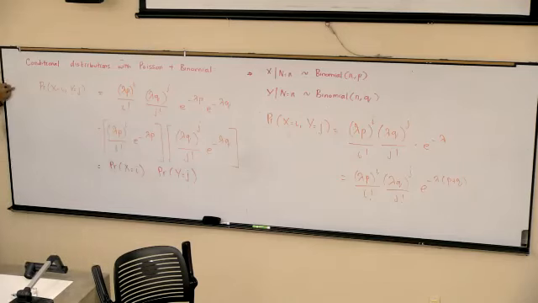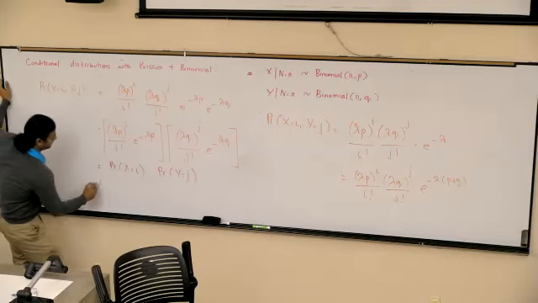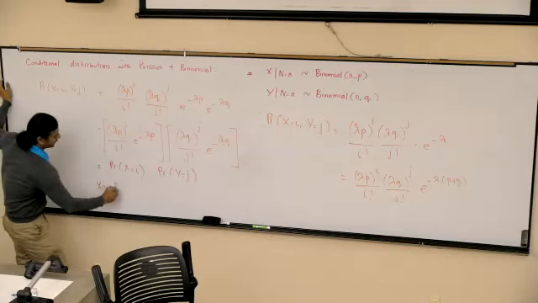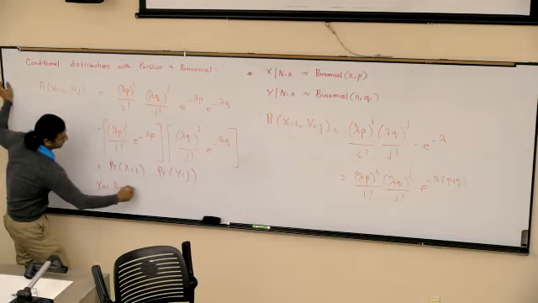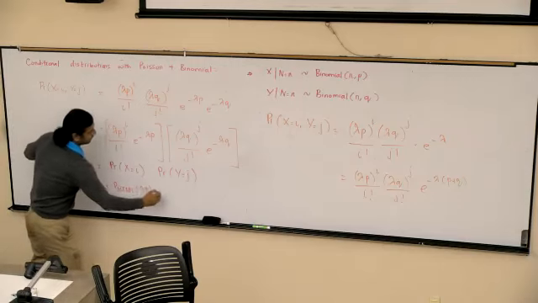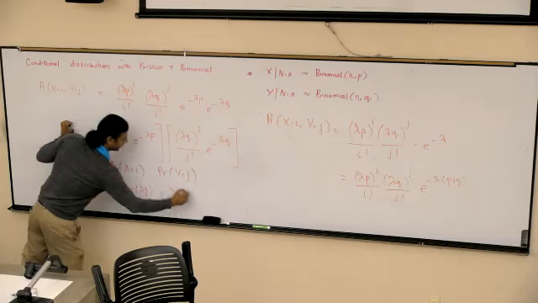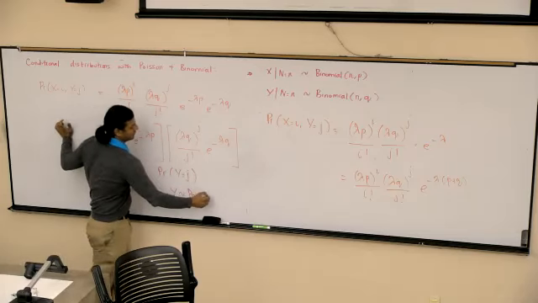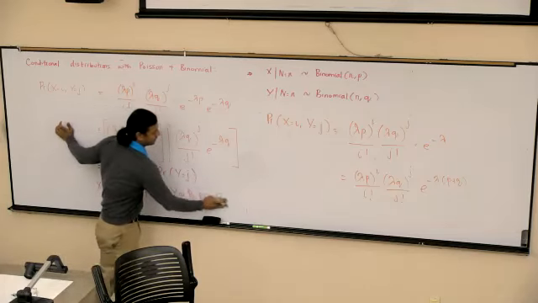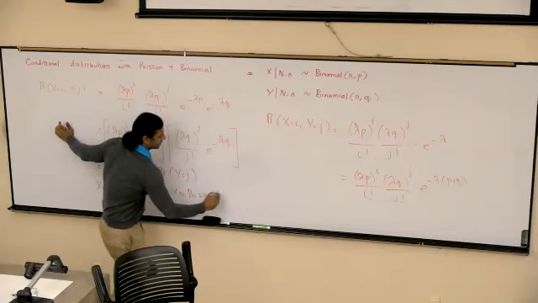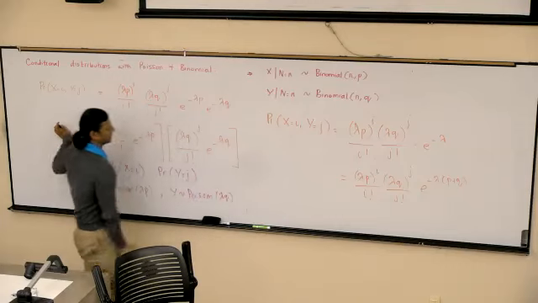What are the distributions of x and y? X is Poisson lambda p, and y is Poisson lambda q.